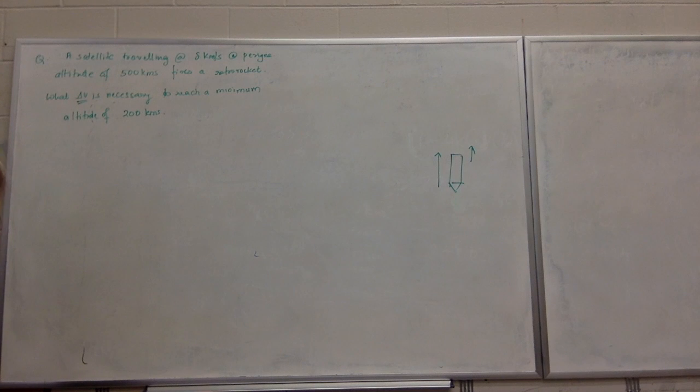Can we just use your delta N over N? Can you do that? I think so. The Isp would just be the thrust over the altitude variables. Delta N is not.